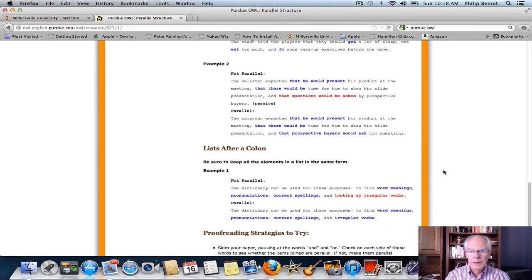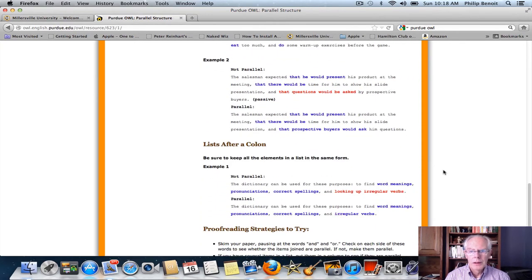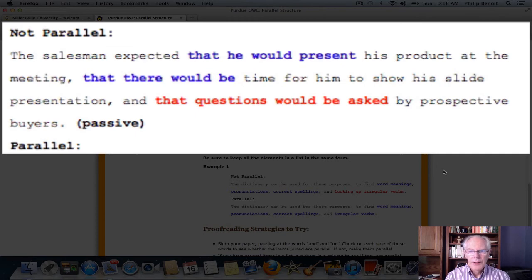Now here's another example in which we don't have a parallel construction. We have a passive voice mixed with the active voice. The salesman expected that he would present his product at the meeting, that there would be time for him to show his slide presentation, and that the questions would be asked by prospective buyers.